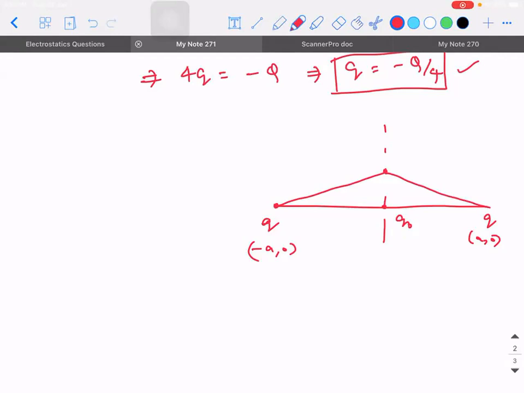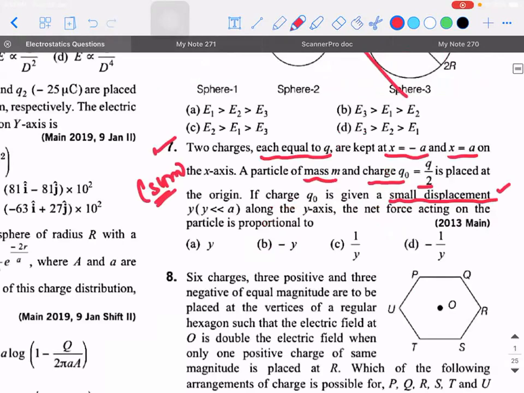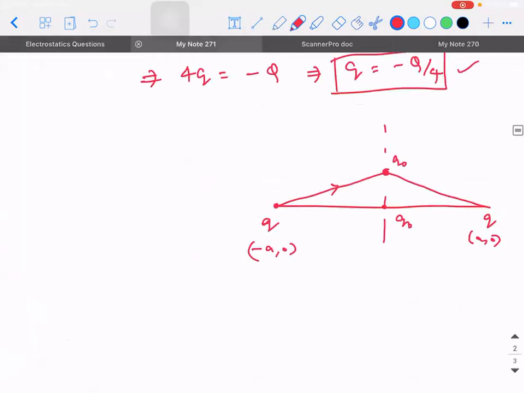So what will happen is, there will be a force existing on Q naught in this direction, on the y-axis. Okay, is Q naught negative? Q naught has to be negative for this kind of a thing to happen.